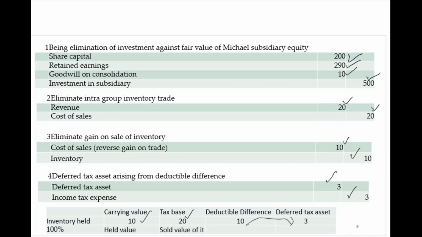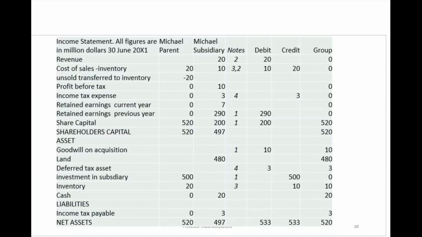If we apply these four transactions into the consolidation worksheet with debit and credit adjustment columns, we can see that we eliminate the investment first against the shareholders' equity, 290 million and 200 million, and there is a difference of 10 million goodwill on consolidation.